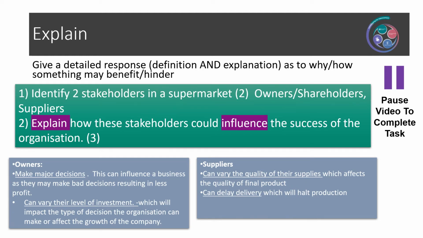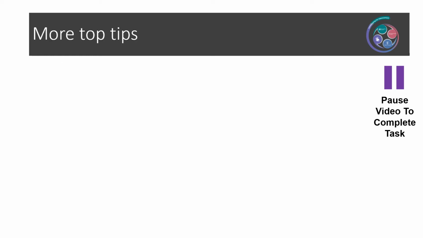The suppliers can delay delivery, that's your point, and your explanation will be that it will halt production. Now again, when it comes to explain, if you go on to further explain your answers, then you can also pick up development points from there. Okay, now we're going to look at some more top tips so you can have success in the exam.